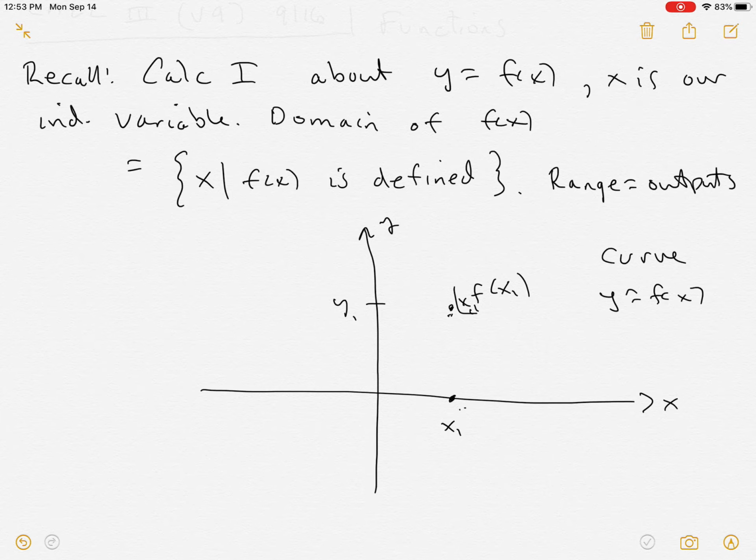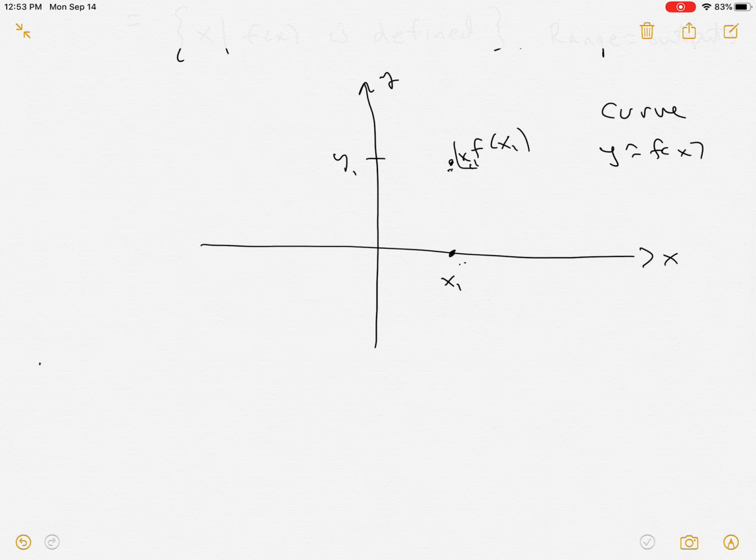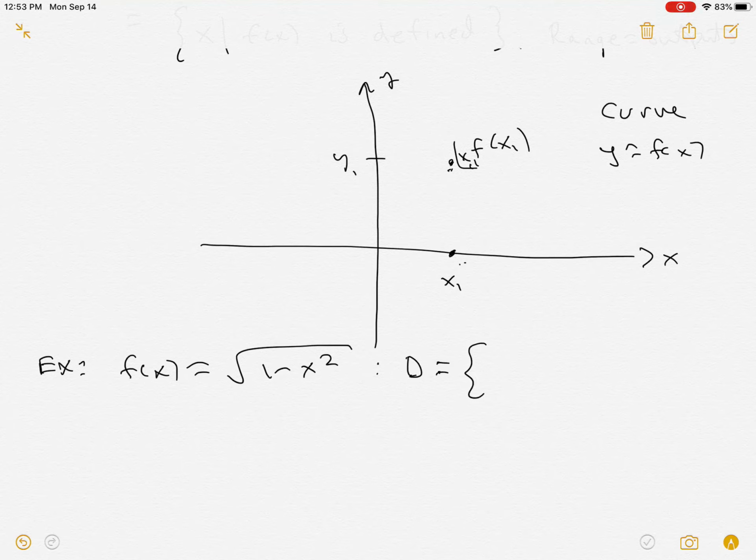Okay, so just so we have an actual example to look at, let f of x be the function square root of 1 minus x squared. Okay. So the domain is going to be all x such that 1 minus x squared is greater than or equal to 0. And that happens to be from -1 to 1.